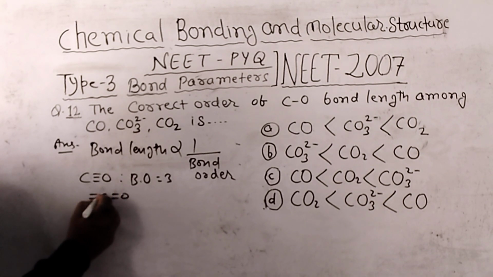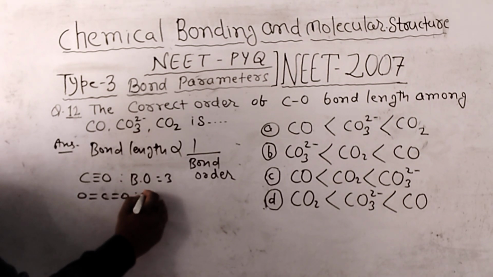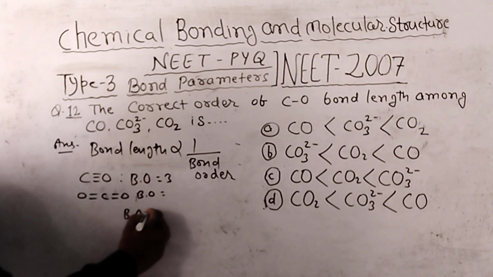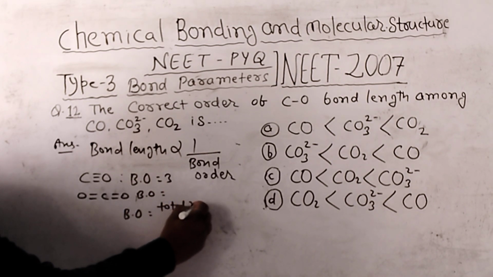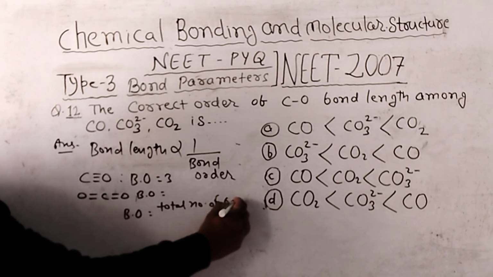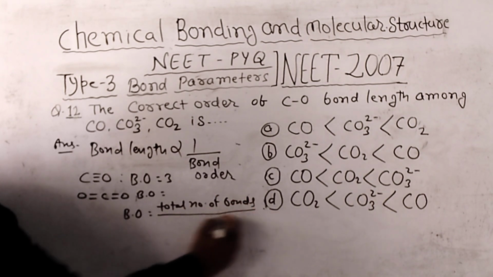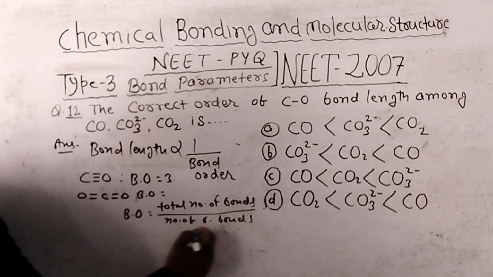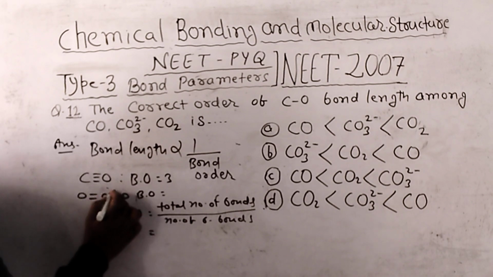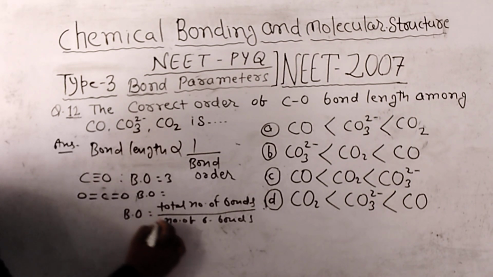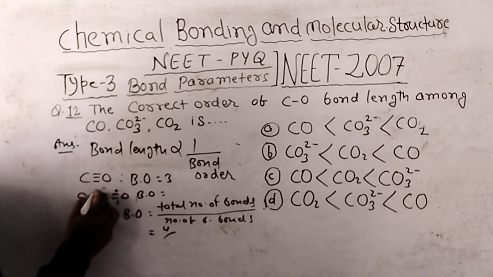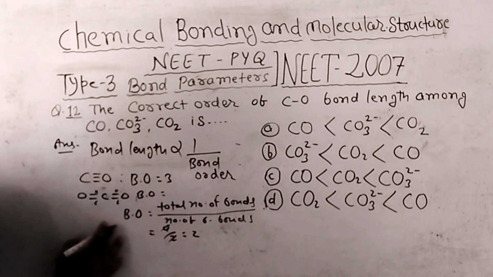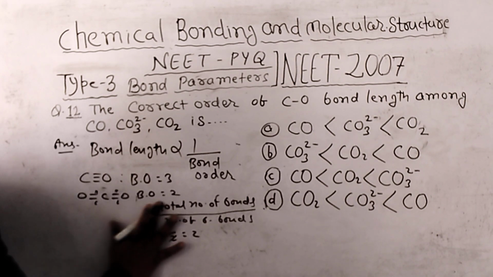In case of CO2, bond order we can calculate by the formula: total number of bonds divided by total number of sigma bonds. So total number of bonds is 1, 2, 3, 4. Total number of sigma bonds is 1, 2, because pi bonds are 2. So 2 is the bond order of CO2.